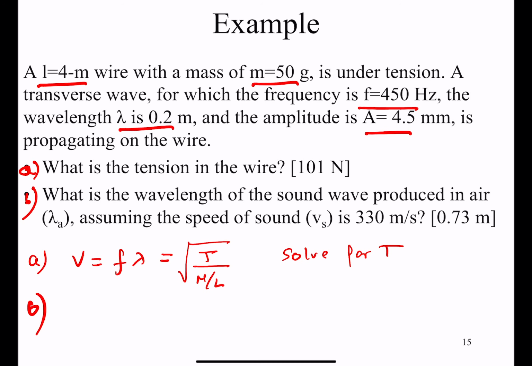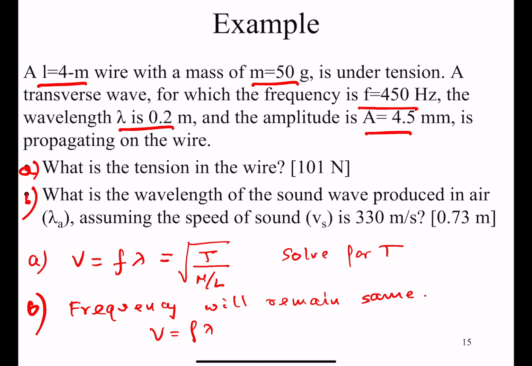So keeping in mind that frequency will remain the same, can we find the wavelength of the sound waves? We can just use this formula V equals f lambda, which is true for all waves.